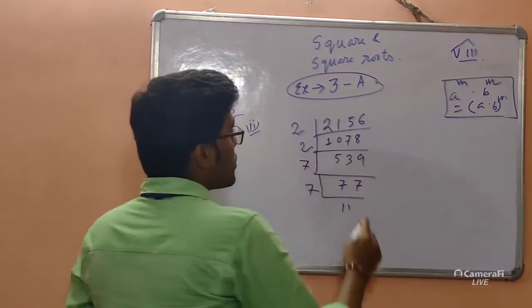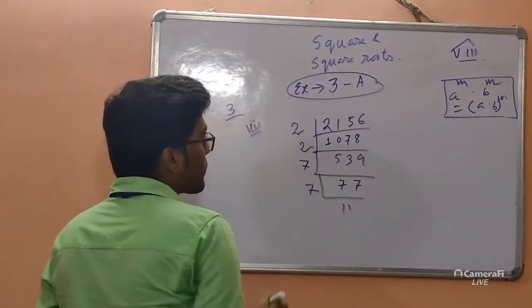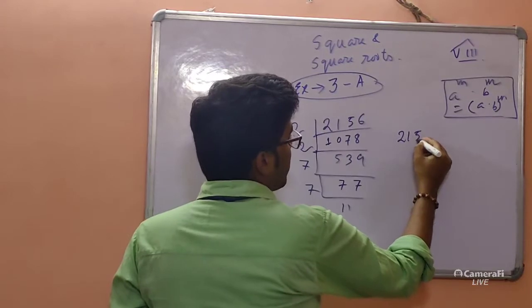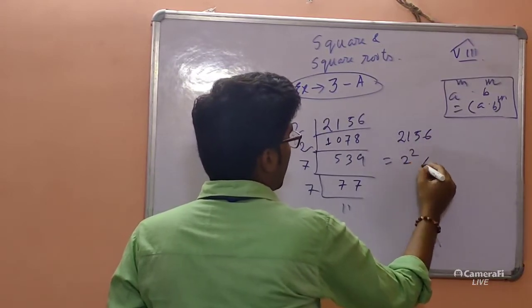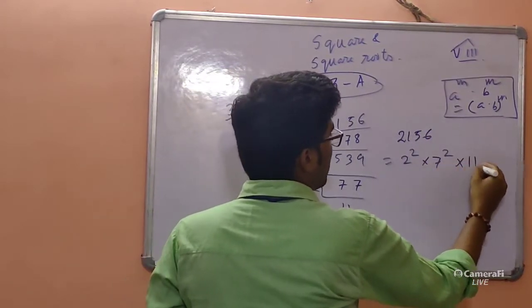Okay, so it is clear it is not a perfect square. Now 2156, what can we write? 2 square into 7 square into 11.